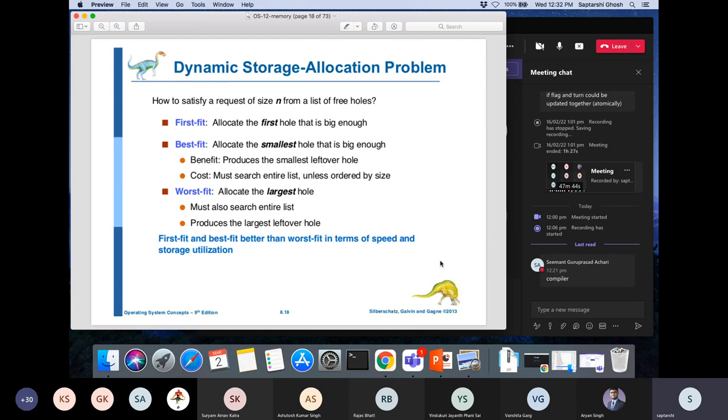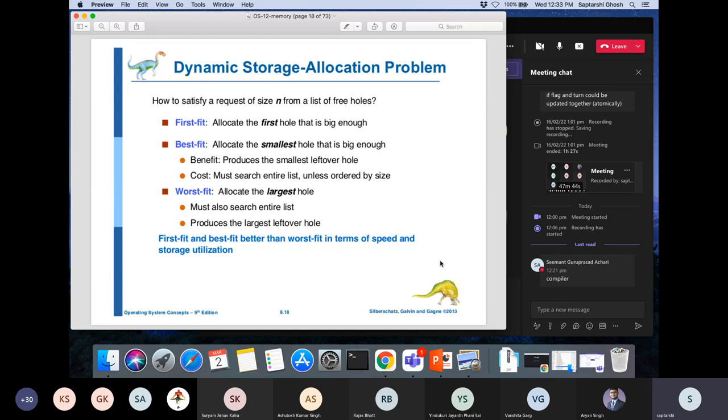The OS is trying to figure out from which hole to give this new process a memory of size n. First fit means just traverse the linked list from the beginning. The first hole the OS finds that is big enough, of size at least n, it allocates n bytes from that hole to the new process.